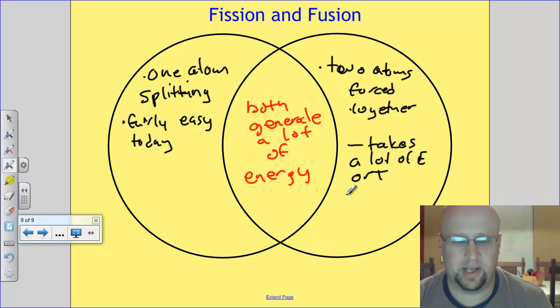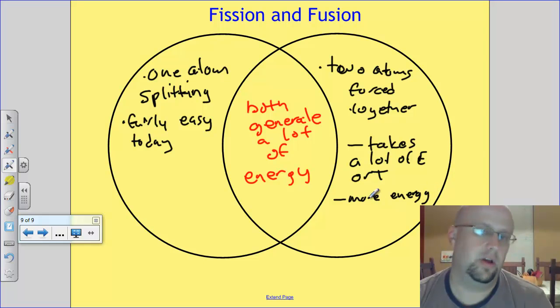In fact, I think it's something like 25 million Kelvin or 25 million degrees Celsius. So you get a lot more energy out of fusion, but you have to put a lot of energy in.